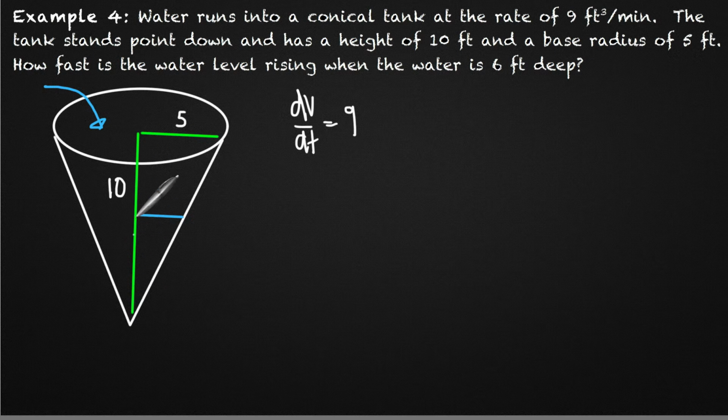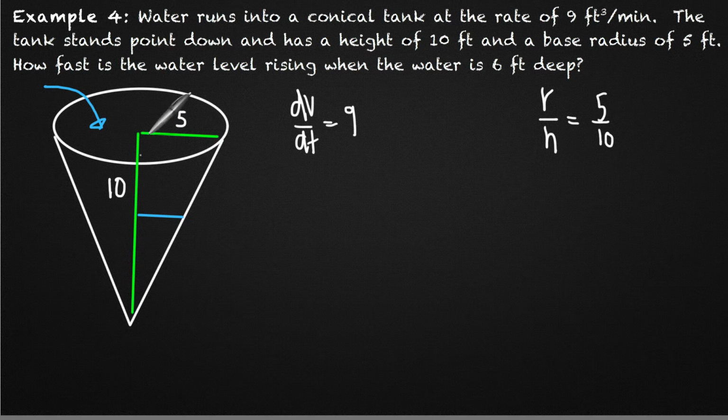The ratio between this leg of the right triangle and this leg of the right triangle will always be 5 to 10. So if this is 4, this will be 8. If this is 3, this will be 6. So what we can do is say radius is to height as 5 is to 10.